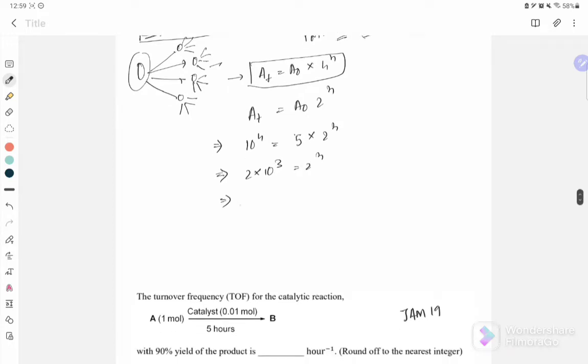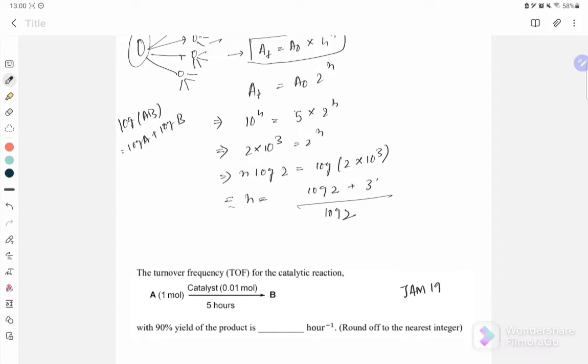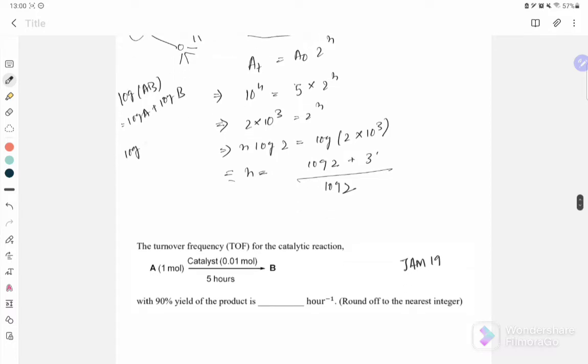Now we take the log on each side, so n log 2 is equal to log of 2 into 10 to the power 3. So n will be log 2 plus 3 divided by log 2, because we know log of AB is equal to log of A plus log of B, and log of 10 to the power A is A.